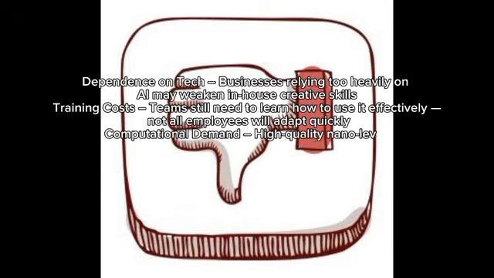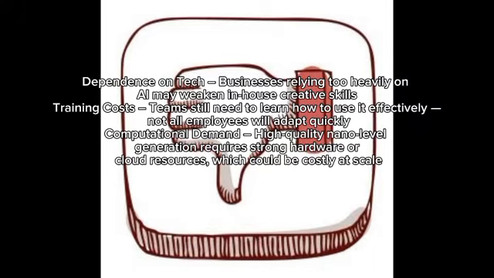Dependence on tech: businesses relying too heavily on AI may weaken in-house creative skills. Training costs: teams still need to learn how to use it effectively. Not all employees will adapt quickly. Computational demand: high-quality nano-level generation requires strong hardware or cloud resources, which could be costly at scale.